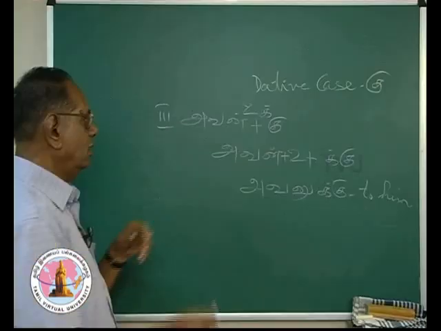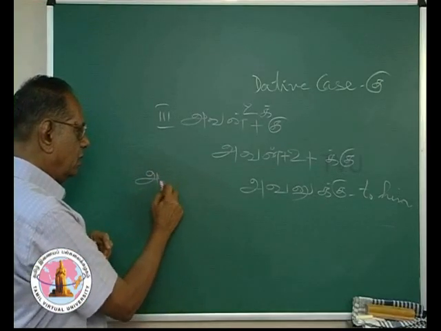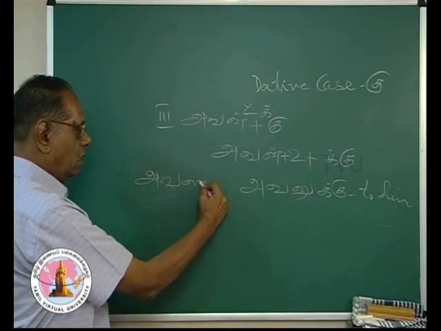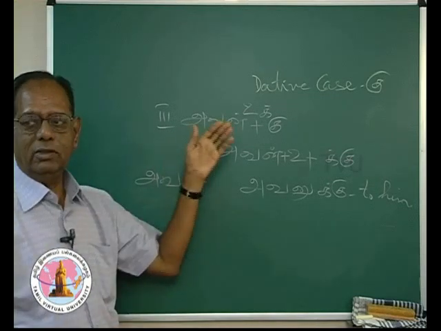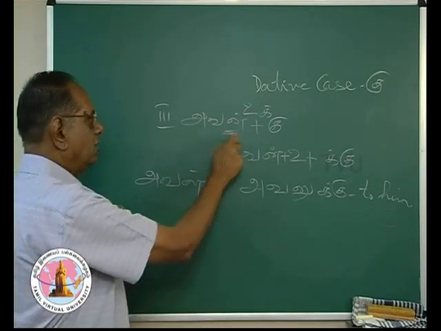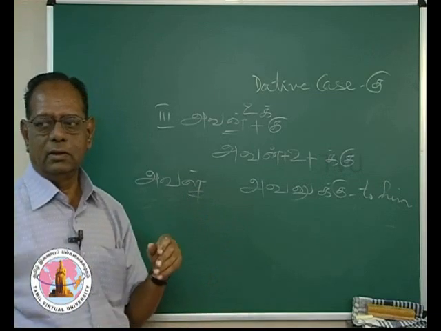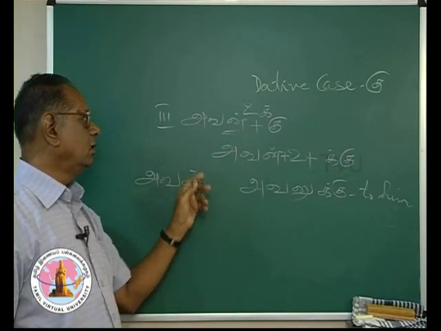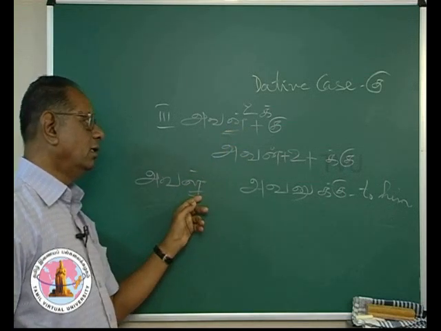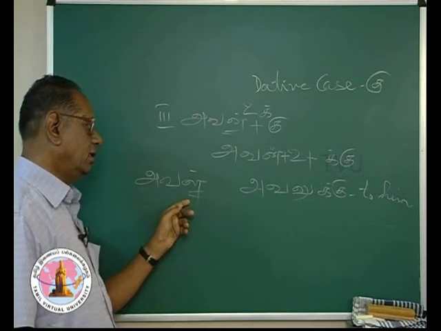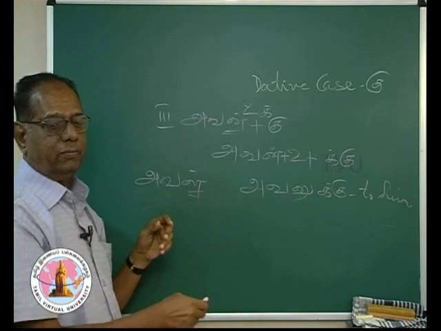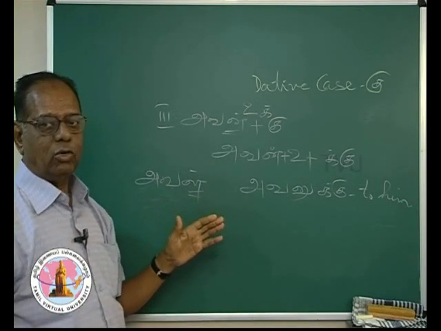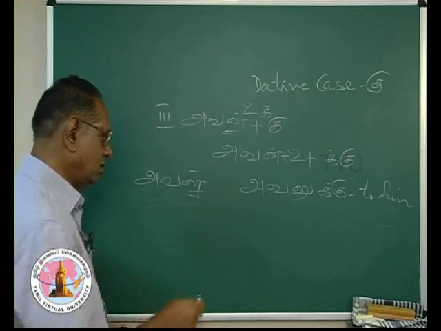What is the next word? Aval. What is the difference between these two? The last letter is different. This is n, this is l. Avan, aval. So, naturally, this also has to undergo the same changes.